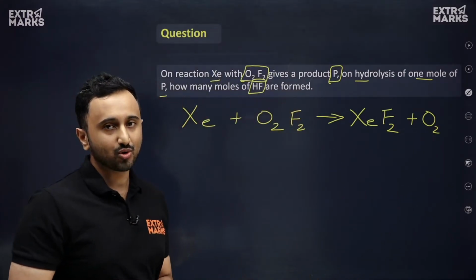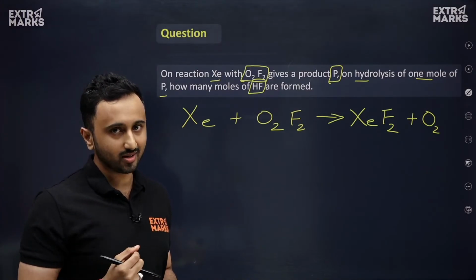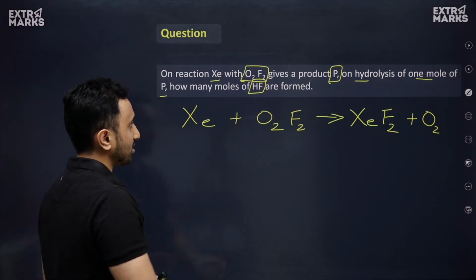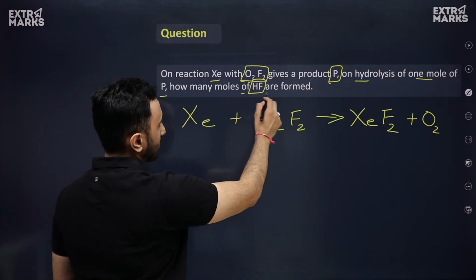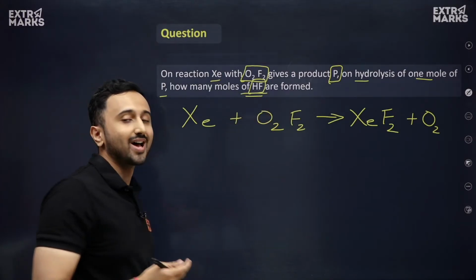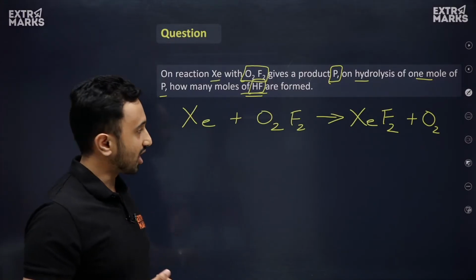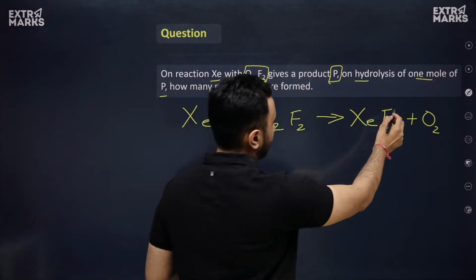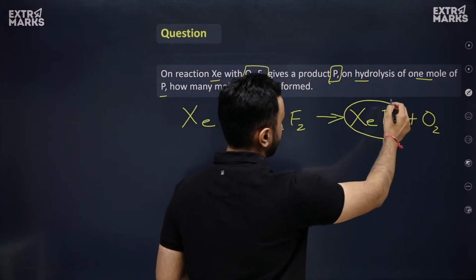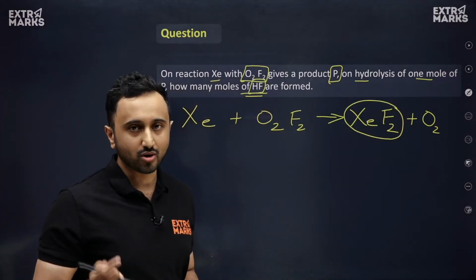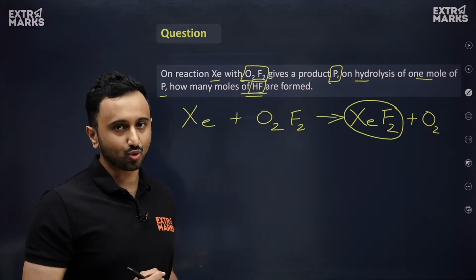But in the question we have a very good hint that on hydrolysis the product P is forming HF. So that means it must be having fluorine atom. And now we know that only XeF2 contains fluorine atom. So the product P will be XeF2.